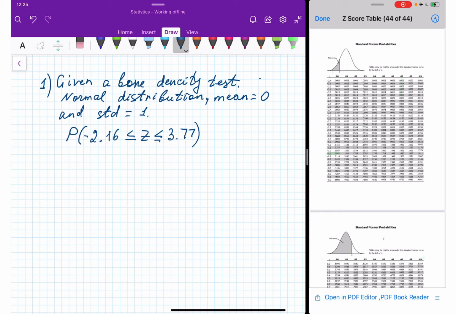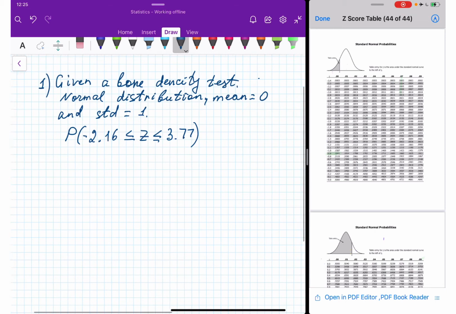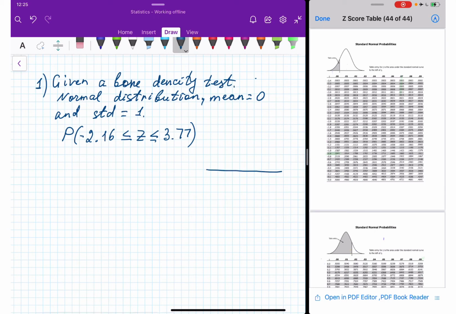Okay, how would it look if we were to draw this normal distribution on a graph? It would look like the following. So this is the mean, 0. Now, what do we have here? Negative 2.16, it's going to go very far because in total it can be negative 3.49. And less than 3.77, which is going to be much higher.